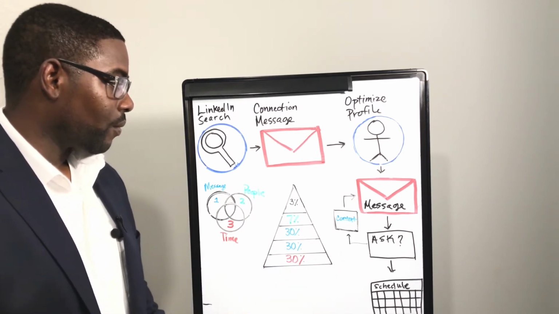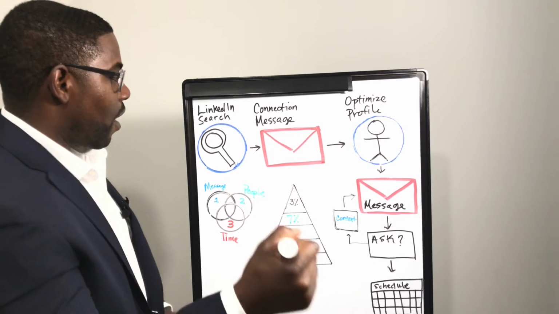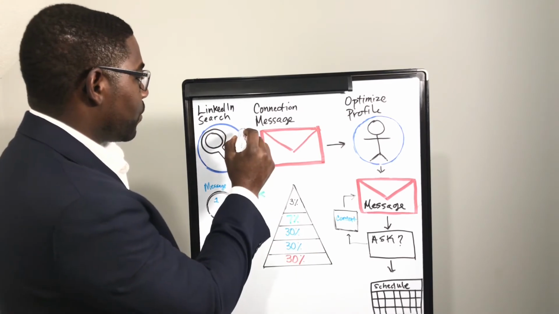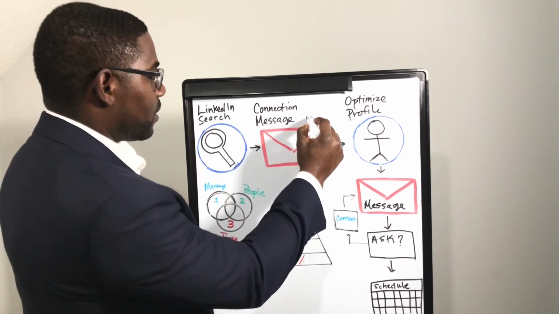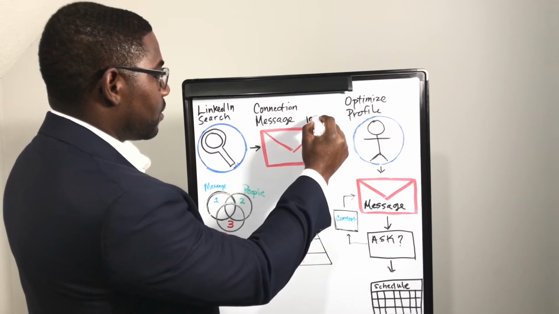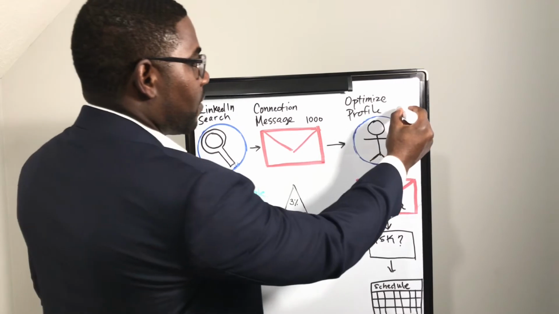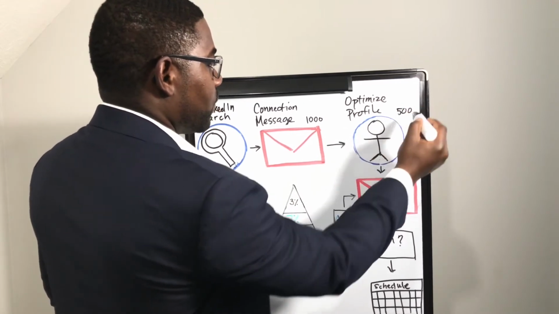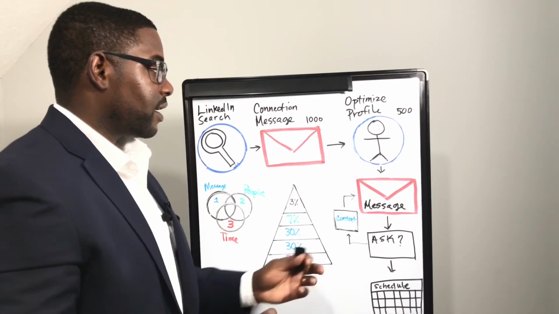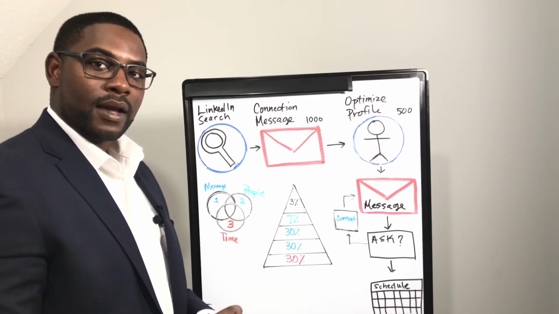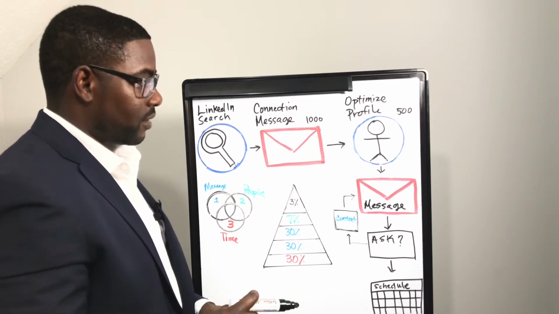And so what I found is that our numbers are right at about, we search and try to connect with about 1,000 individuals, and about 500 of those individuals look at our profile and say, yeah, I think this is someone that I would like to connect with.